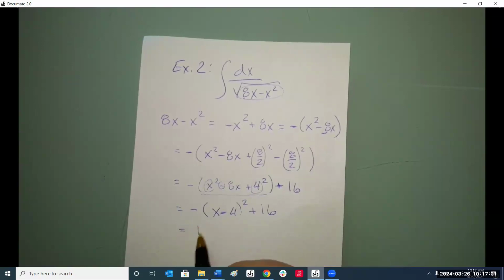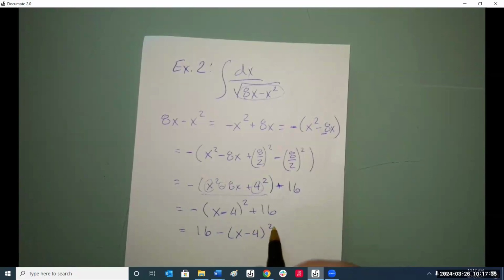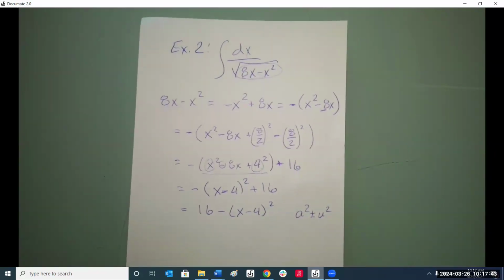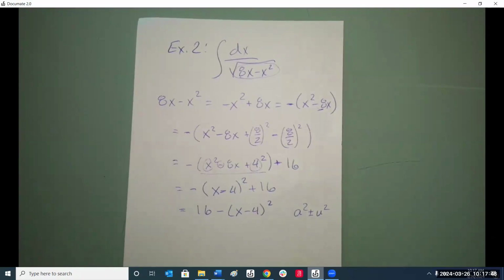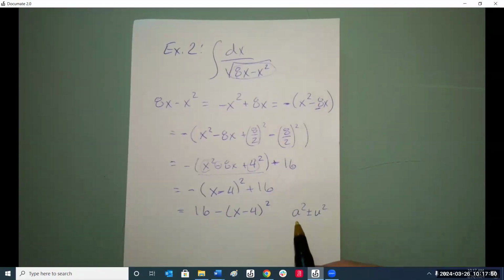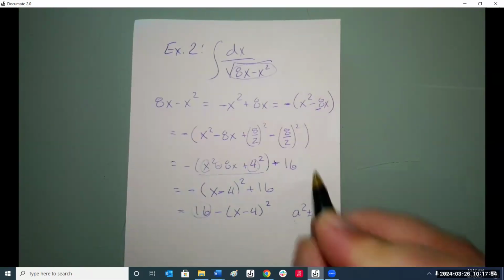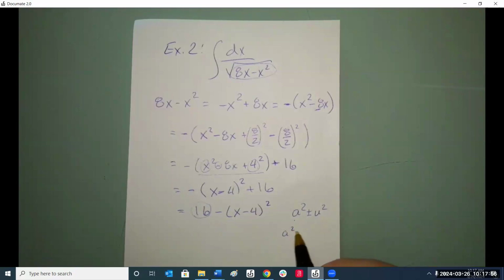Okay, let's move the 16 in front. The reason we're moving the 16 in front is because our table is usually in the form of a squared plus or minus u squared. So this is what we're going to have to look at. What is our a squared? Well, if a squared is 16, then a is 4.